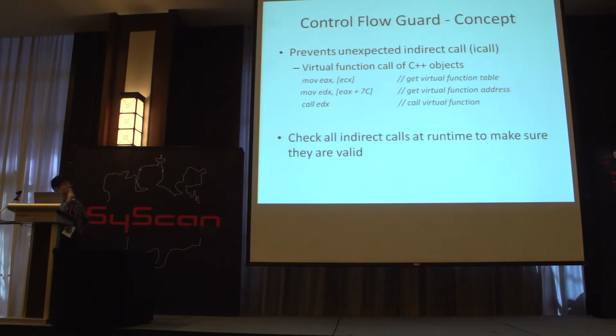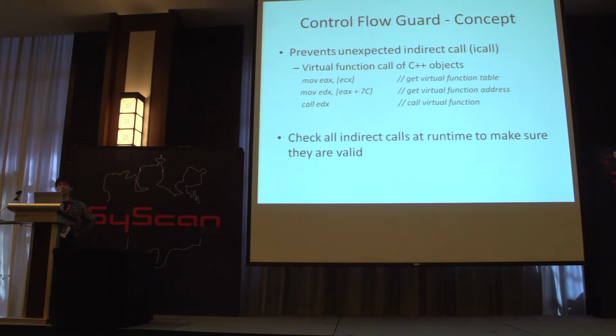So what is an indirect call? For example, the virtual function call in C++ objects is an indirect call. And in assembly code, you can see a virtual function call looks like this. First, we get a virtual function table from the object, and then retrieve a virtual function in the table. And finally, we call this function.